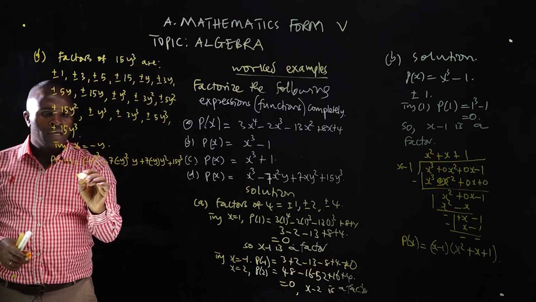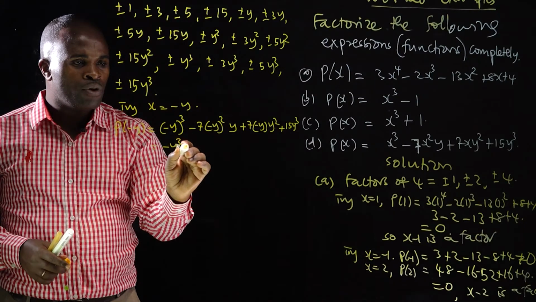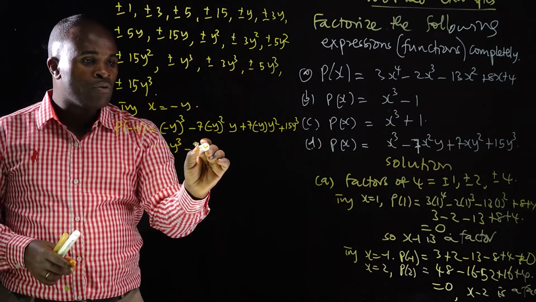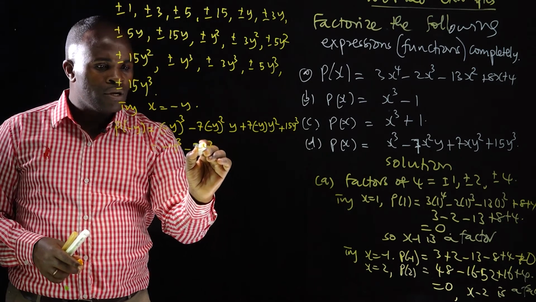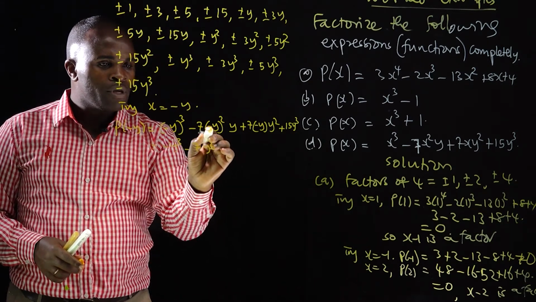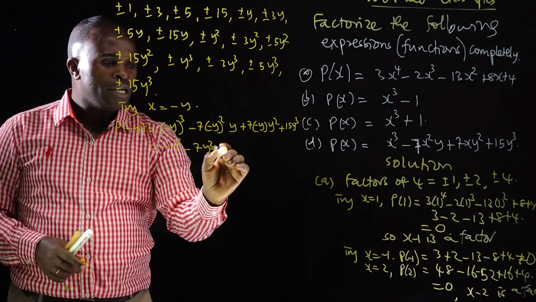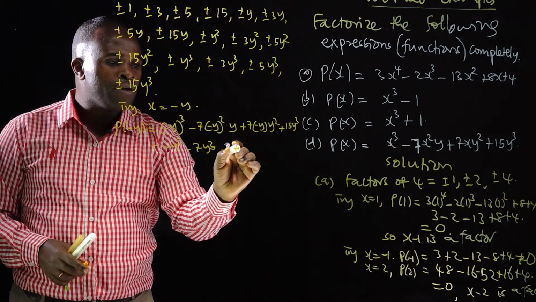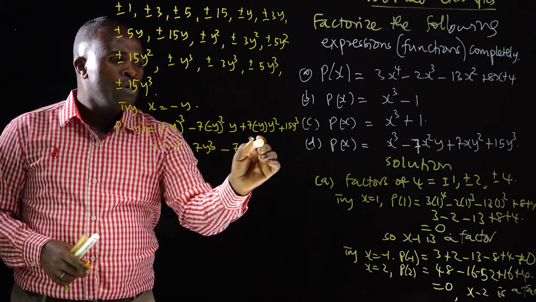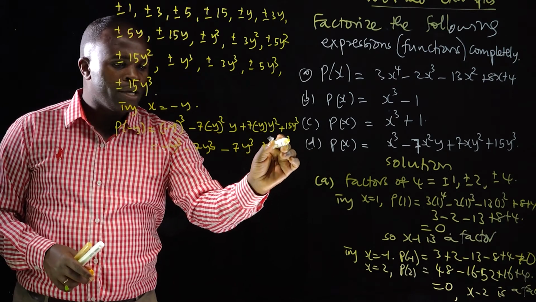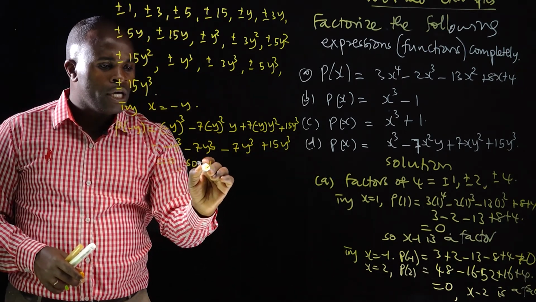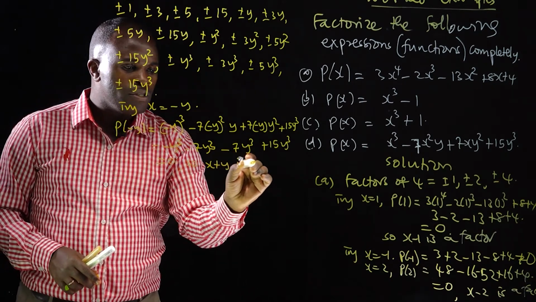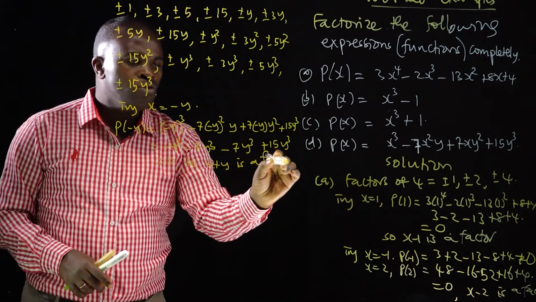Treating this carefully, gives negative y cube, gives negative 7y square, and then this gives again what? This is supposed to be y cubed, sorry, because y squared times y, and it gives negative 7y cubed, and here 15y cubed. Checking on this gives what? 0. We say, so x plus y is a factor. You can see this trick.